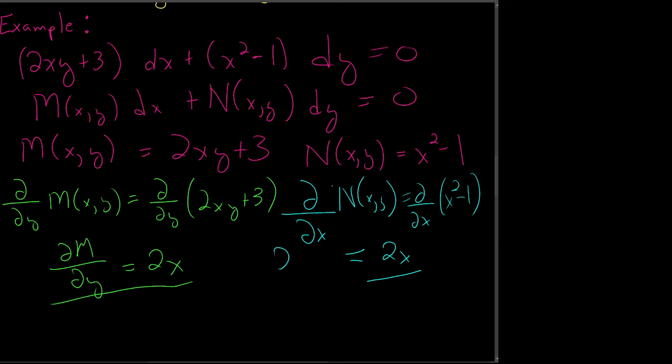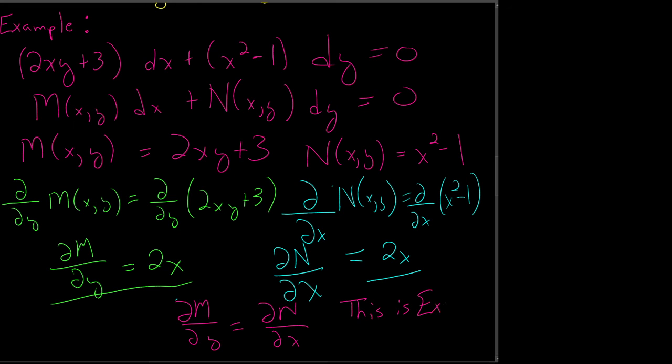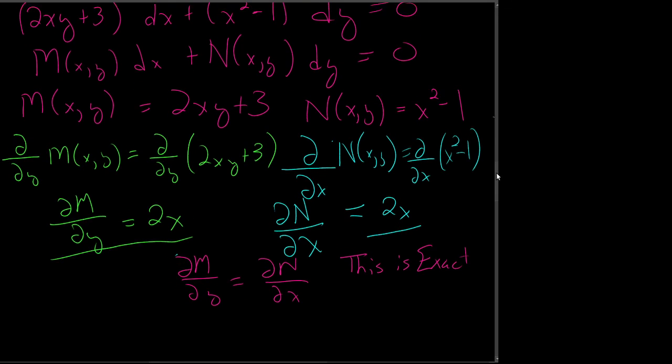And so my partial of N with respect to x is 2x. And indeed, my partial of M with respect to y is equal to my partial of N with respect to x. This is exact. That's my test for exactness, and it lets me move forward.